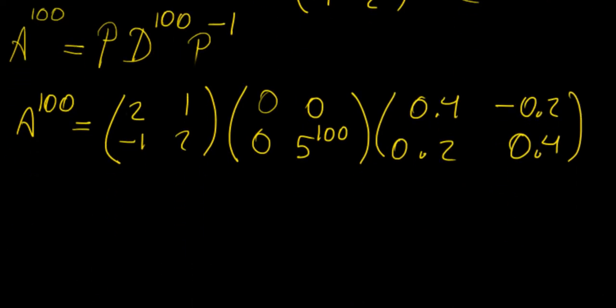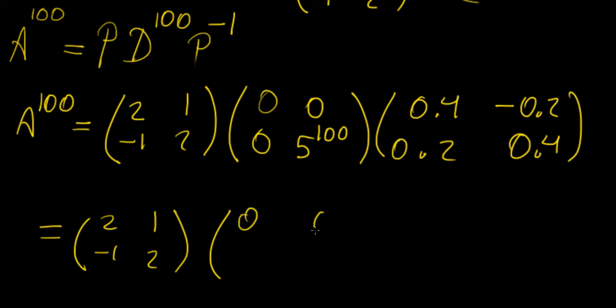Let me just erase this. And then we're going to perform the multiplication this way. We're going to start with these elements and then move on to these elements, and that will make things easier for us. So we're going to have 2, 1, minus 1, 2. Then on this side we perform row-wise times column-wise operations. So we're going to get the following two values, 0, 0.2 times 5 to the 100, so those are really large values. I'm just going to write it in exact form for now, times 5 to the 100.